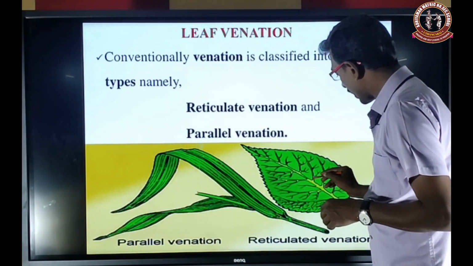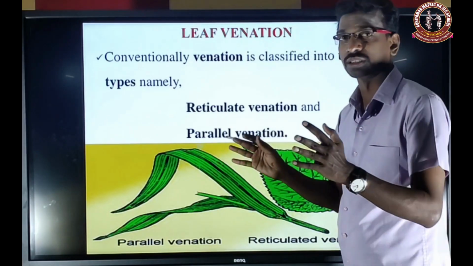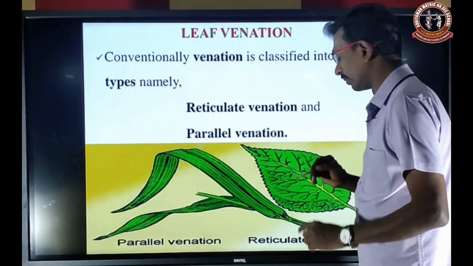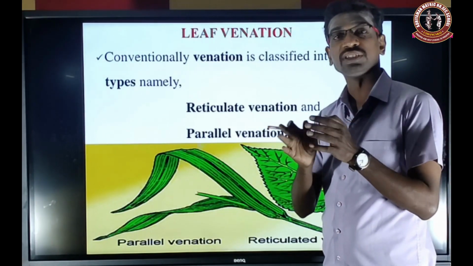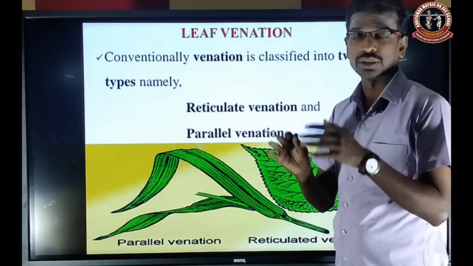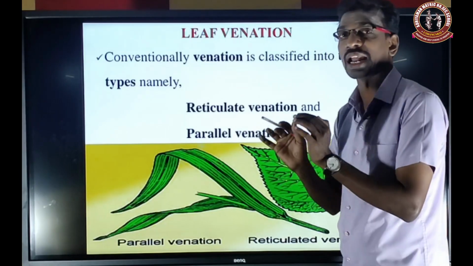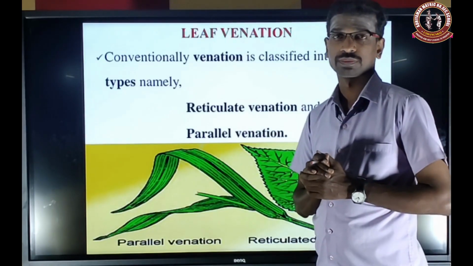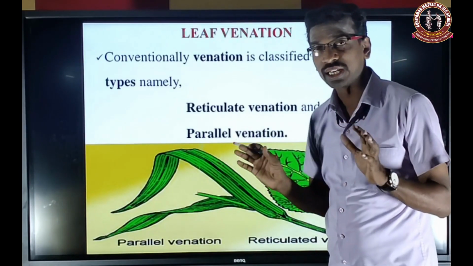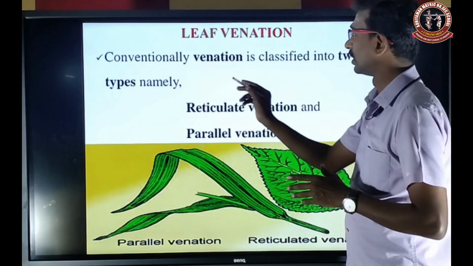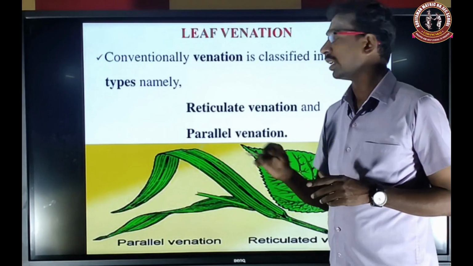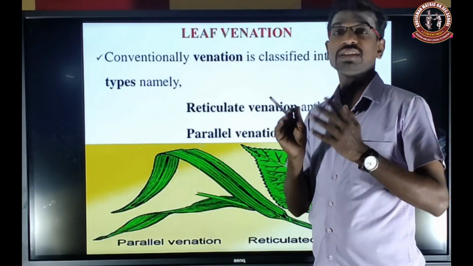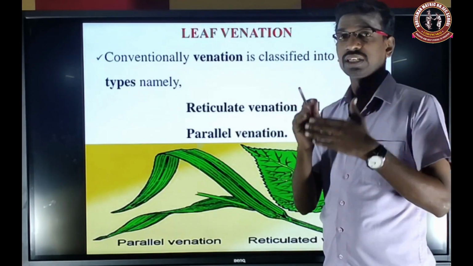The midrib is further branched to form veins. The veins again branch to form veinlets. So it resembles a net-like structure, and that is reticulate venation. Reticulate means a net-like structure, like a fish net.